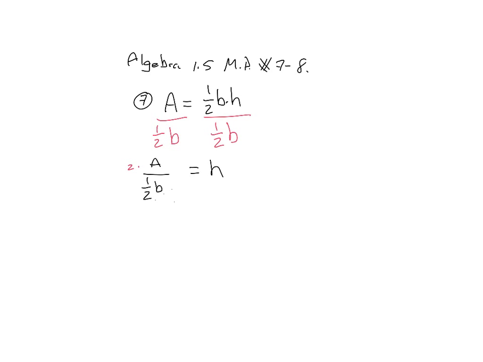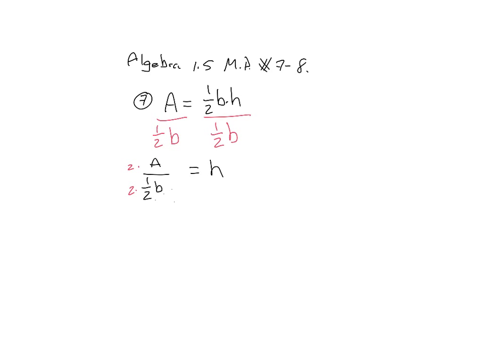Since I'm multiplying the numerator and denominator by the same number, you don't have to do anything on the other side, because 2 over 2 is just 1.